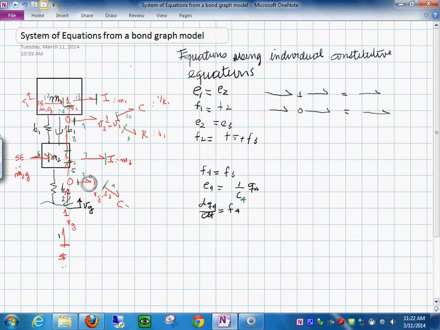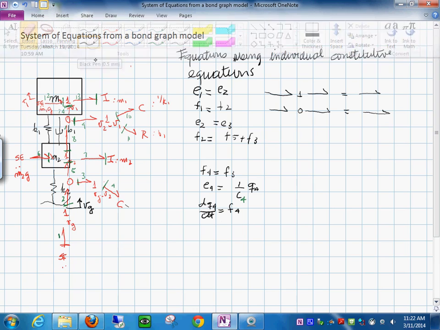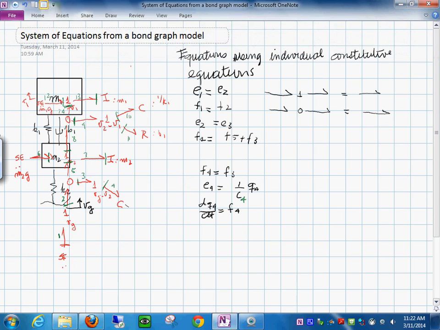What we don't have is 3, and we should do that. We should put the E sub 3 and F sub 3. So let's fill it in here. In this case, E sub 3 is determined by the sum of the one. So E sub 3 is equal to E sub 4, and F sub 3 is F2 minus F5.